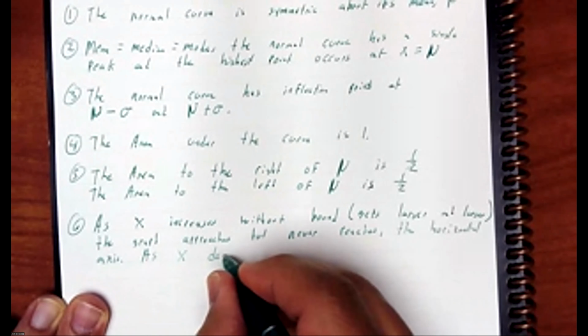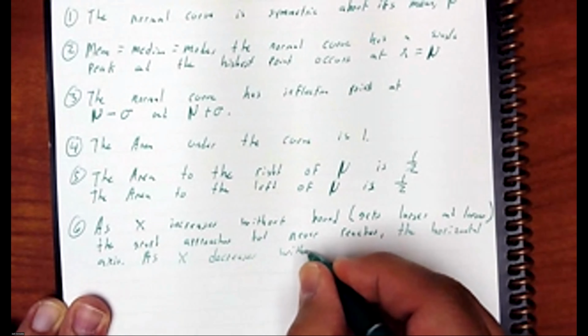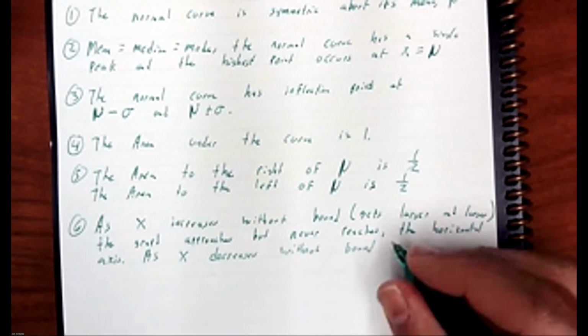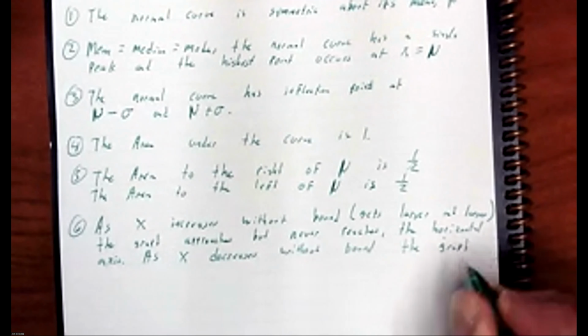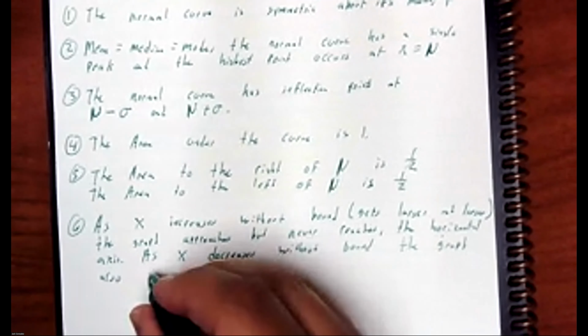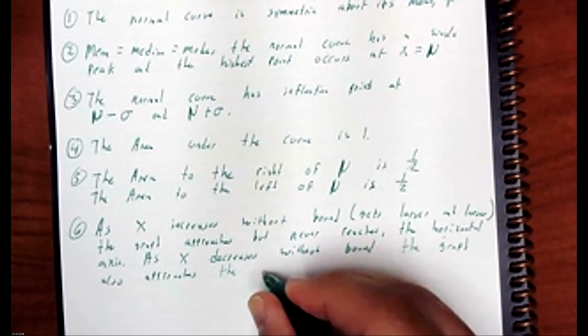As x decreases without bound, the graph also approaches the x-axis.